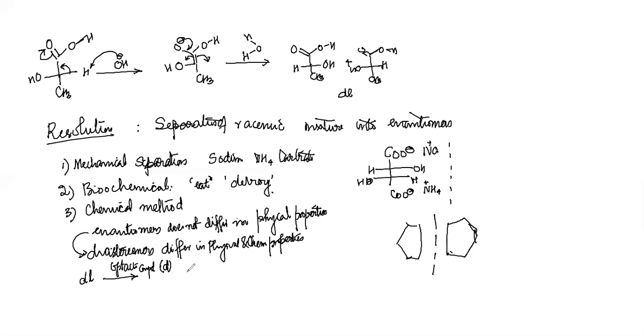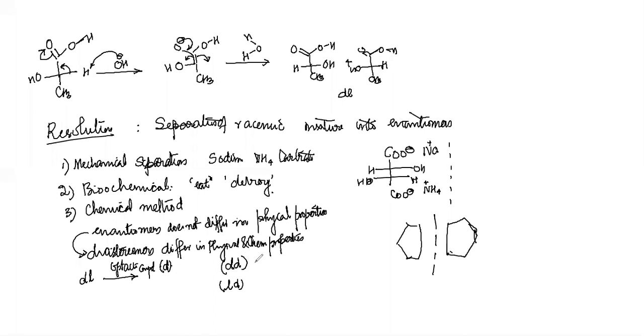You will get a product in which there is D of this and D of this reacted together. So this is one product. And then L of this and D of this. So these will be the two products obtained.